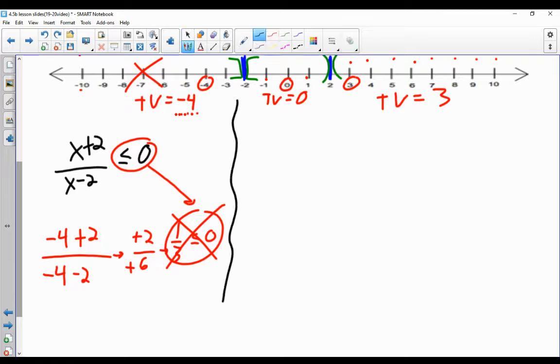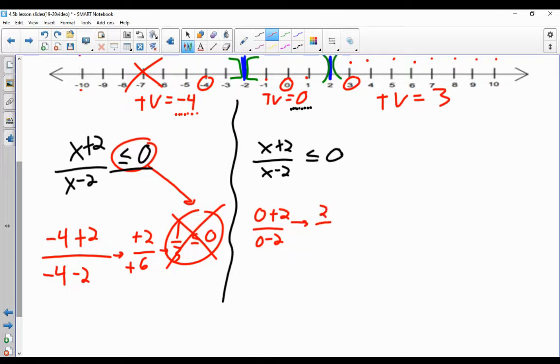Moving on to the second interval. So I still have x plus 2 over x minus 2 as my inequality, and it is not greater than, it is less than or equal to 0. And I'm going to do some plug and chug this time, where I'm going to plug in 0. So now I'm going to have 0 plus 2 on top, 0 minus 2 on bottom.